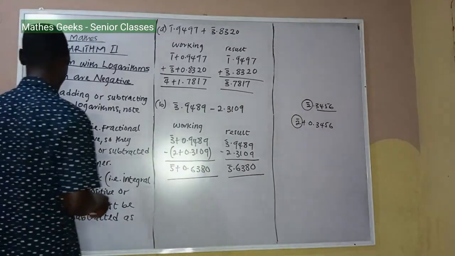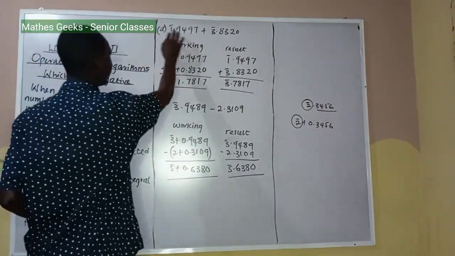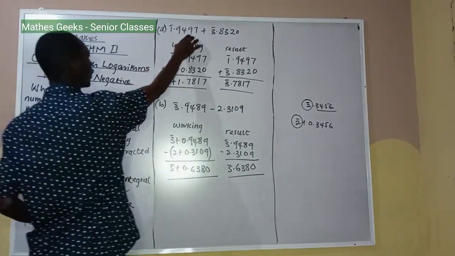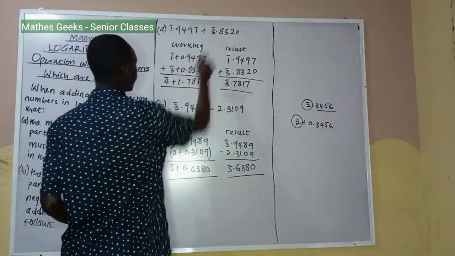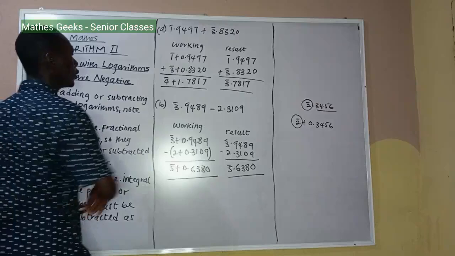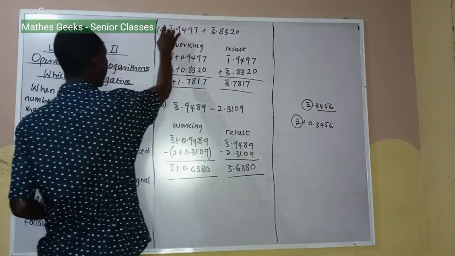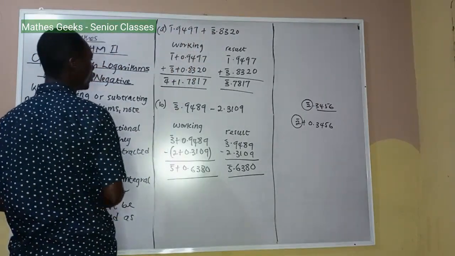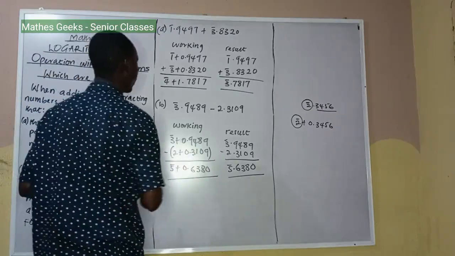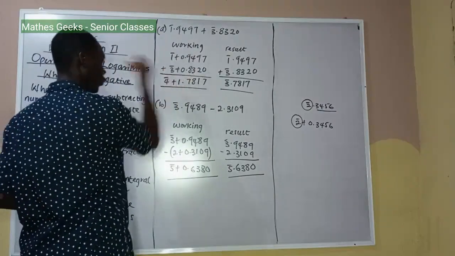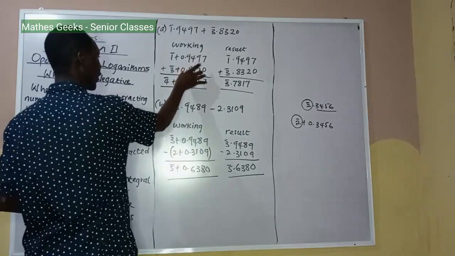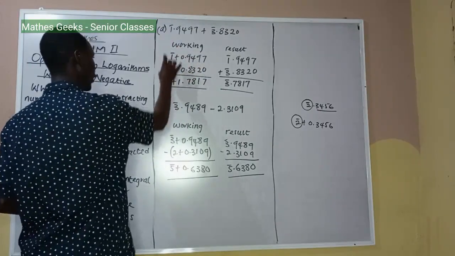Part A: bar 1.9497 plus bar 3.8320. How do we carry out this addition since the characteristics are both negative? We're going to do our working in a way that shows that the mantissa is positive and only the characteristic is negative.